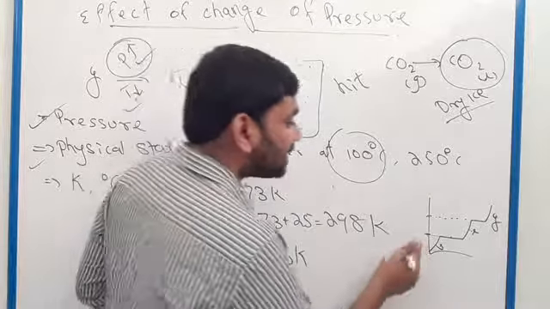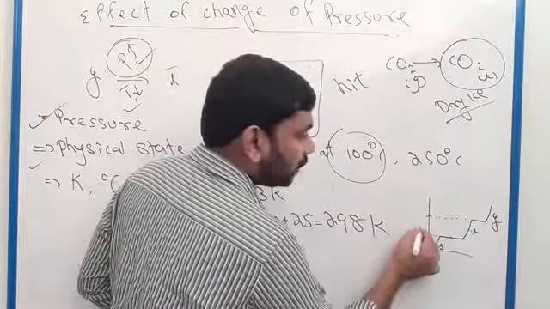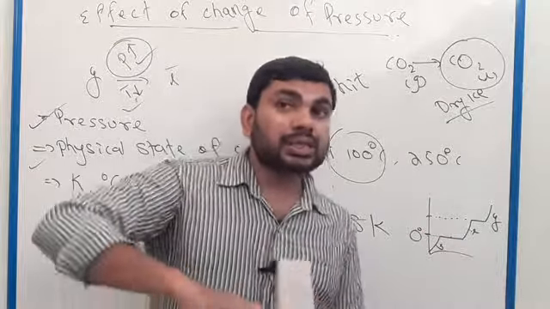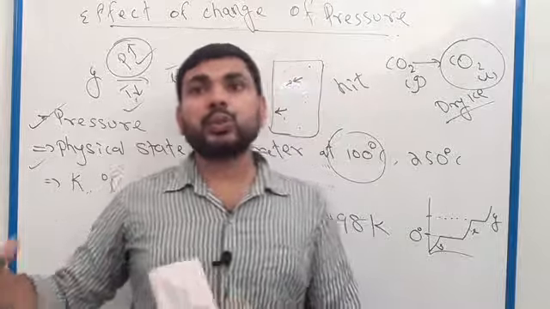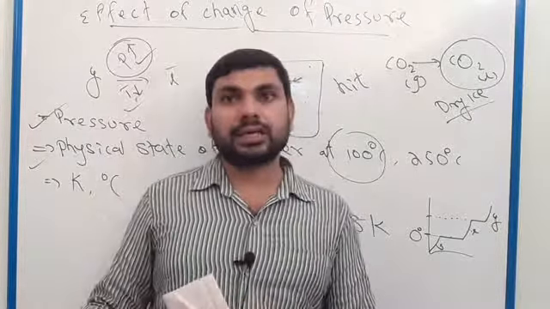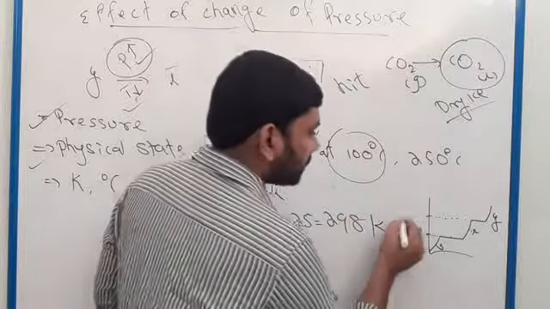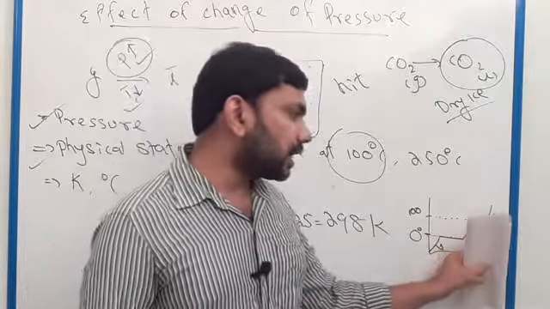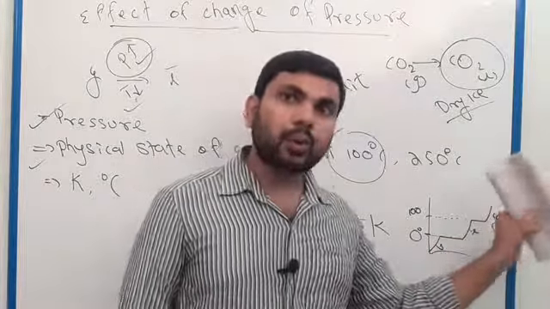Similarly, at 0 degrees Celsius, solid ice does not change to water completely. Ice starts to melt. Also, the same thing I told you here: at 100 degrees Celsius water starts to change to water vapor.